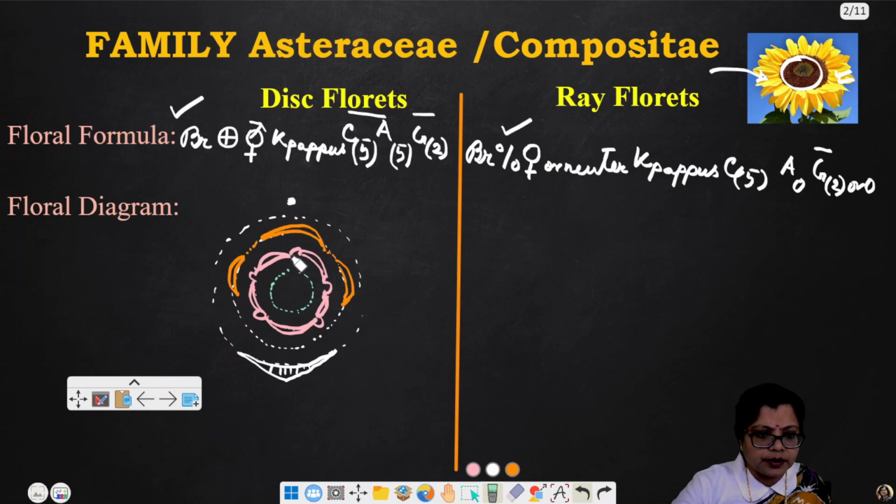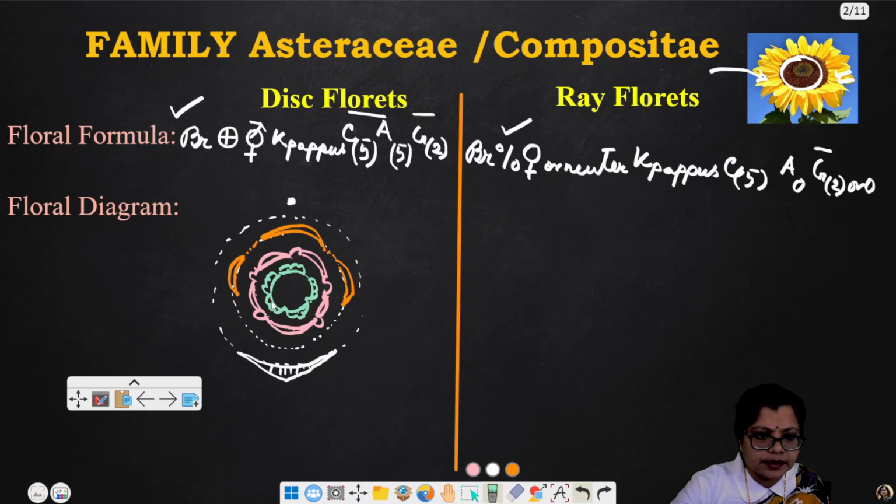So that alternates with the petal. So 1, 2, 3, 4 and the fifth one. So 1, 2, 3, 4th and 5th one.